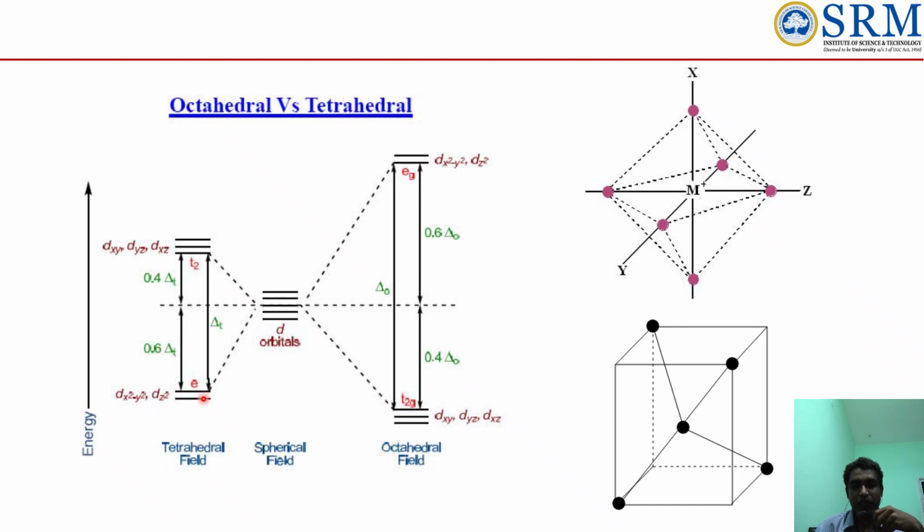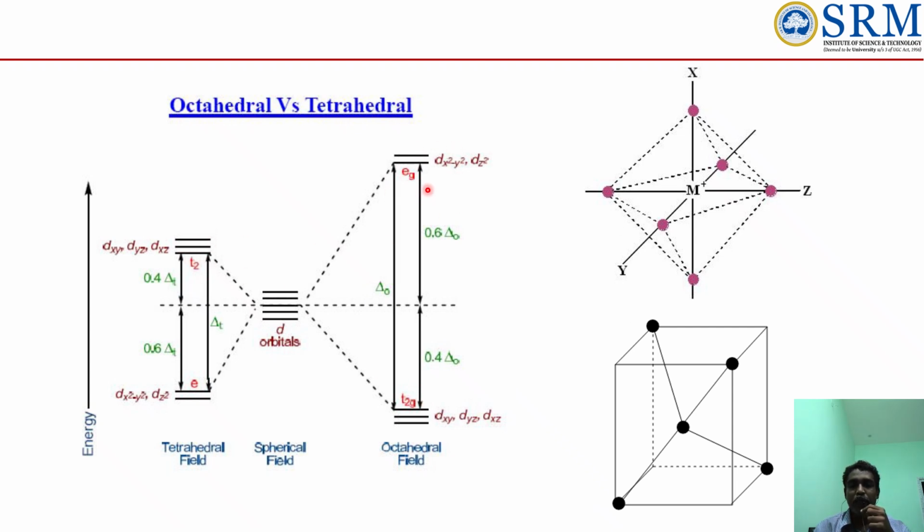Whereas if you look at this tetrahedral field, this is completely opposite. The eg, which is destabilizing in the octahedral complexes, is stabilizing in the tetrahedral complexes. It's a simple comparison. So t2g is stabilizing here, t2g is destabilizing here.